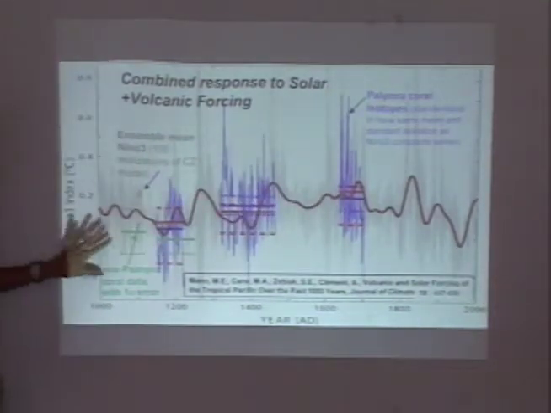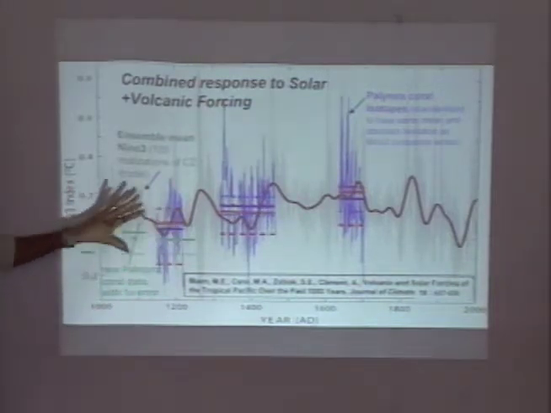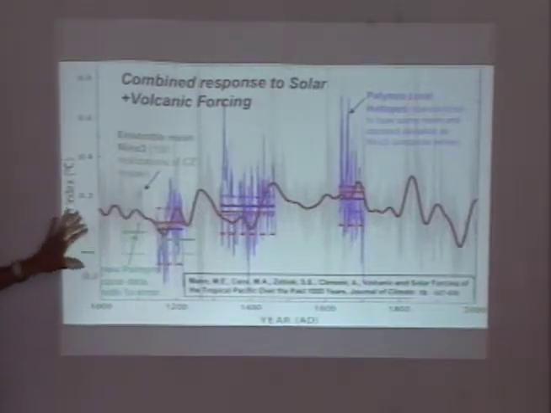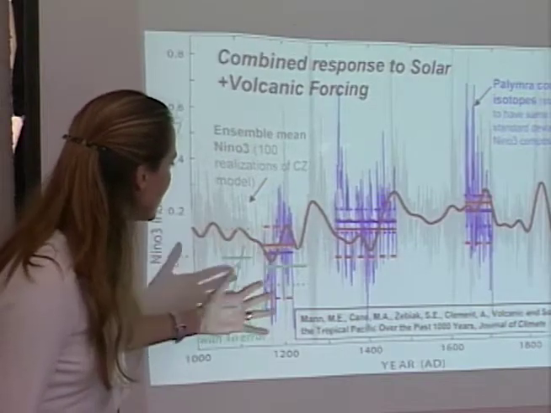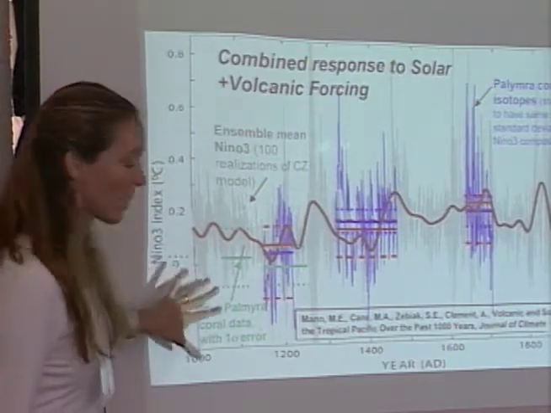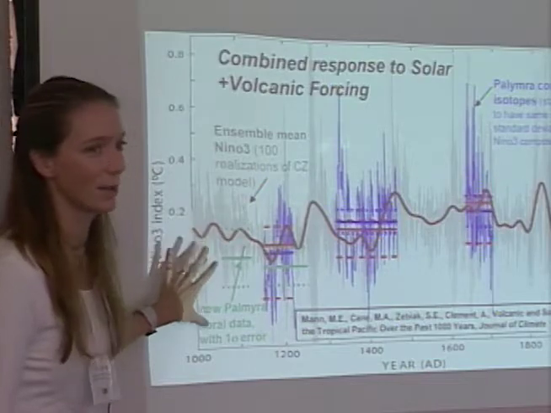We're throwing a lot of work into this, trying to figure out what is going on here. Are the corals crazy? Is there some response to this radiative forcing that we don't know about? But if the corals are correct, the Kane-Zebiak model no longer seems to be a very good way to explain this kind of variability.